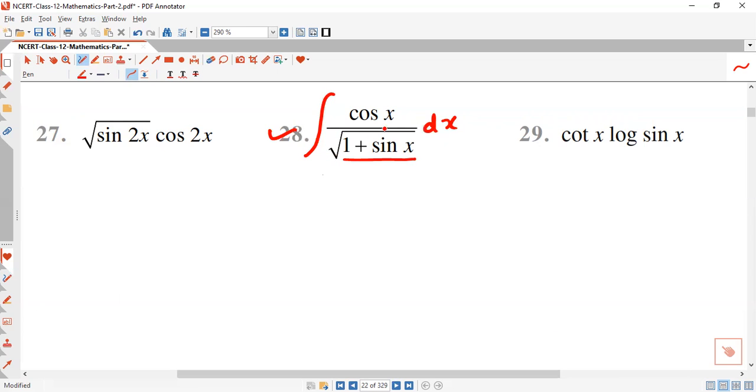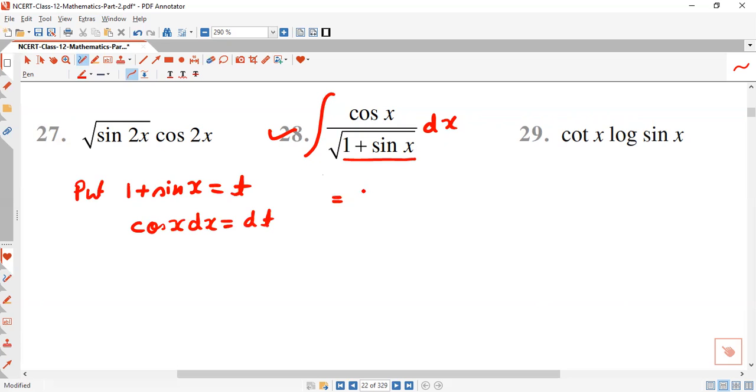We have to put this part as t. Put 1 plus sin x, the whole part inside the radical, as t. Now take the differentiation. Sin x, you are getting cos x dx equal to dt.